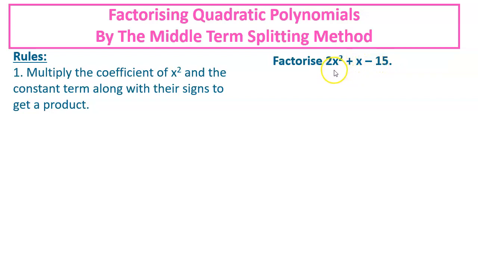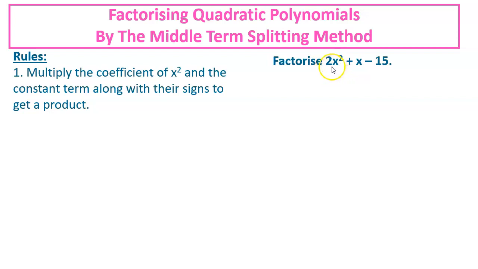And I have seen many books having two separate methods under this Middleton splitting method heading. One which is having the coefficient of x squared as 1 and the other has some other number not equal to 1 as the coefficient of x squared.